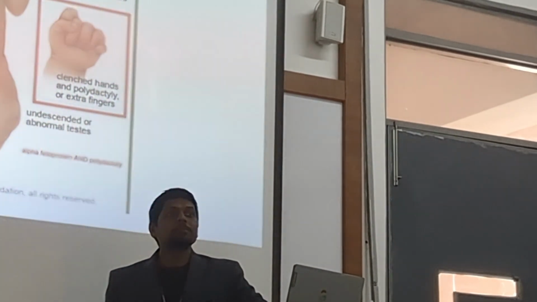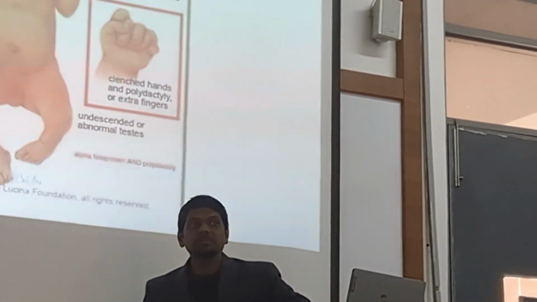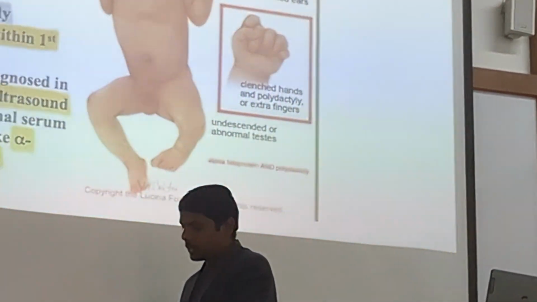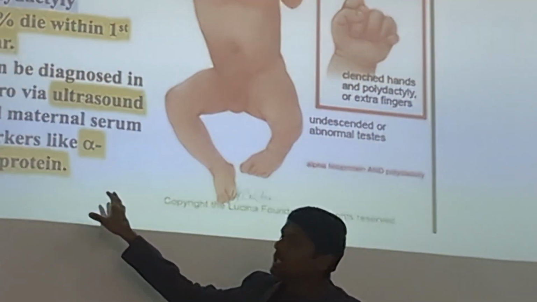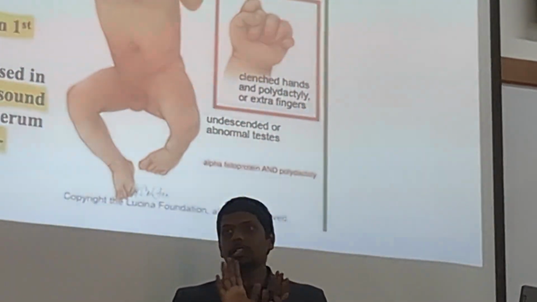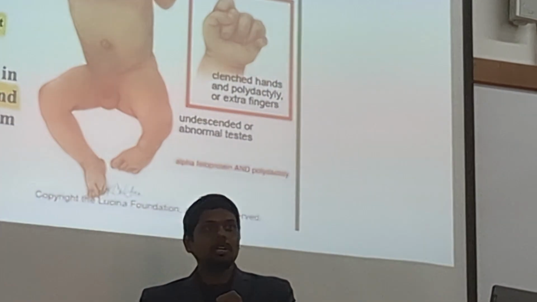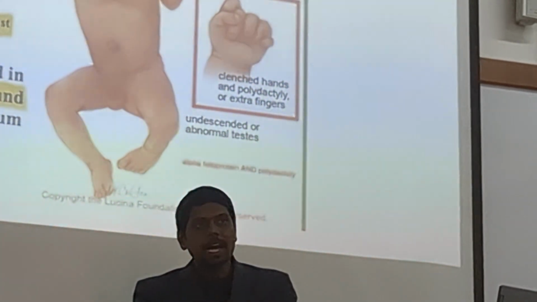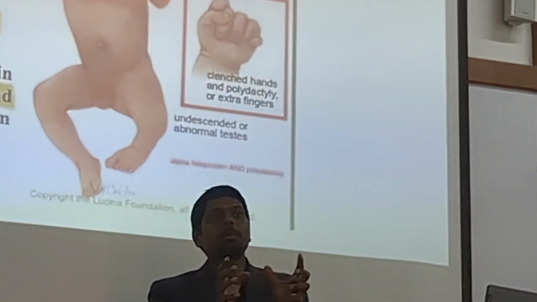So this is specifically done for this, the alpha-fetoprotein. Actually, these are markers which are present inside the developing fetus. Usually, they won't come into the circulation. They enter circulation when there is damage to the developing fetus.